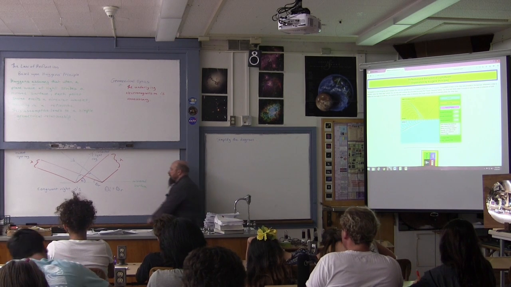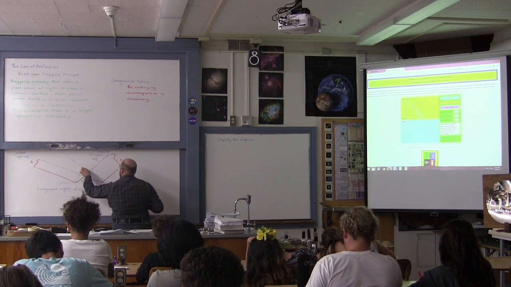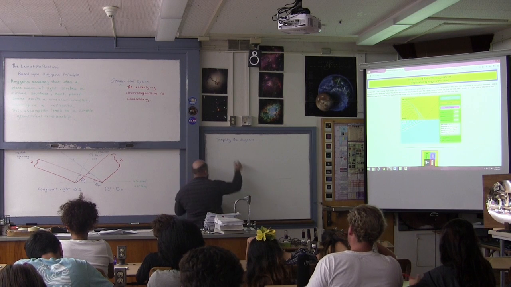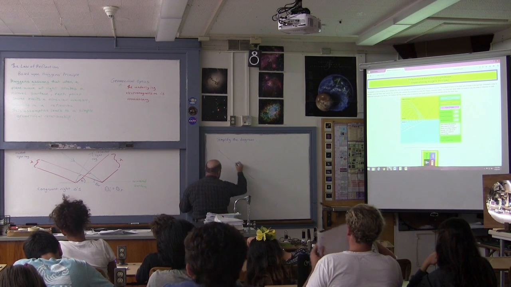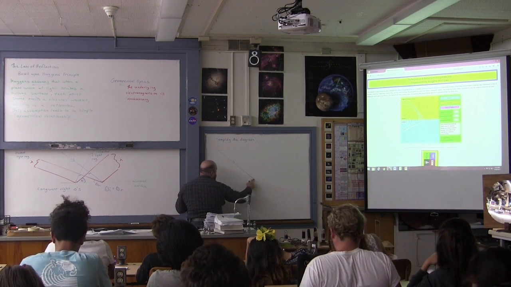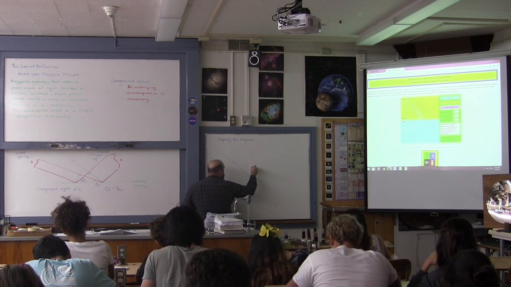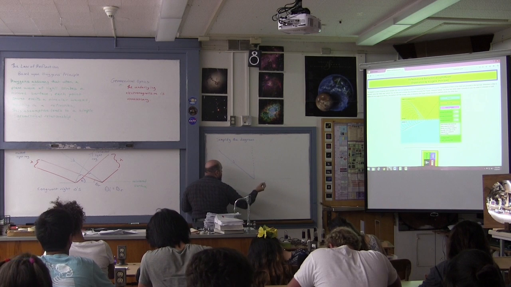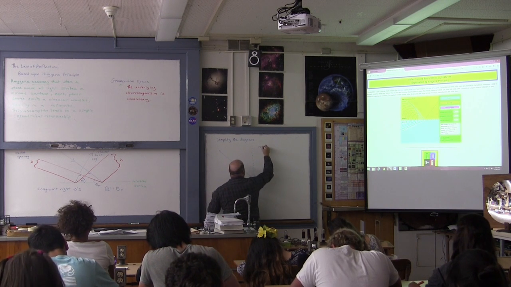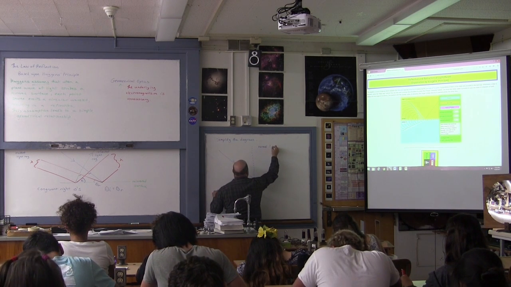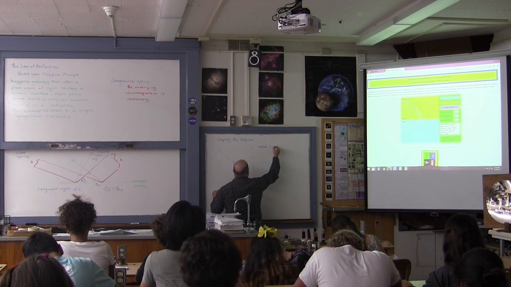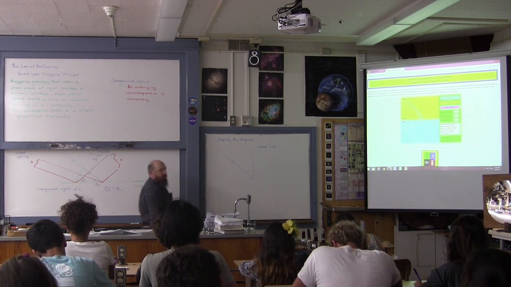And now let's just take a look at right here, my incident light ray coming in like so. Okay, now right here at this point where the light ray hits the mirror, draw a dotted line that is perpendicular to the mirror at that location. This is referred to as the normal line because if you recall in mathematical lingo, the word normal means perpendicular.